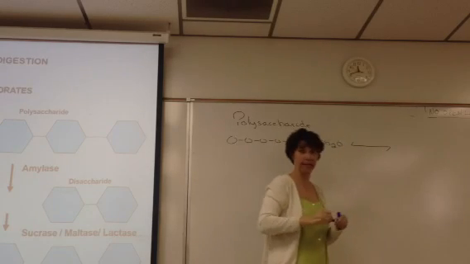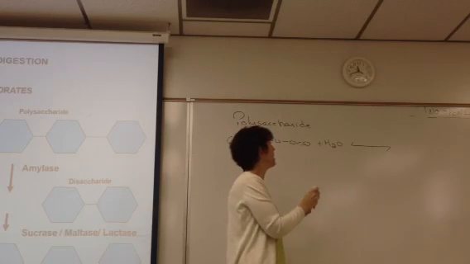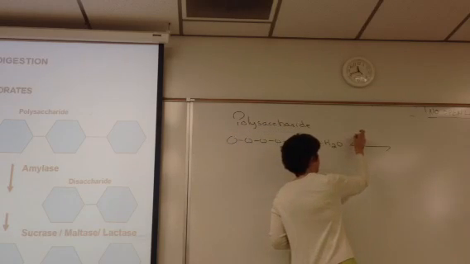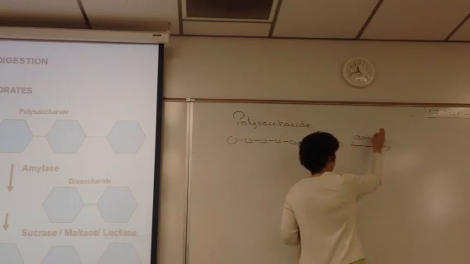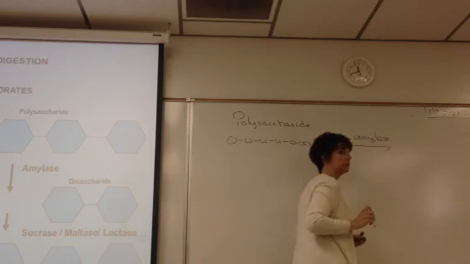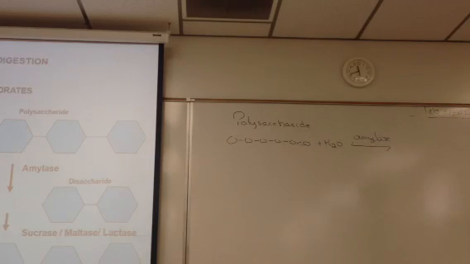And then we add our enzyme. So in this intermediate step, the enzyme is amylase. Amylase has two sources. We talked about salivary amylase being primarily secreted by the parotid glands. And our major source is, as we'll see a little bit later on, the pancreas.